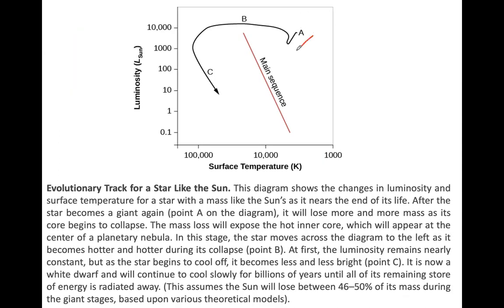So it will go up to a point like A here, and then it will become a giant, and then once you have this outer shell removed from the star, it will become a white dwarf, and white dwarfs are very faint objects, so they will end up in this region right here after the evolutionary process, right? So this is one of the stages that the star will become at the end, right?